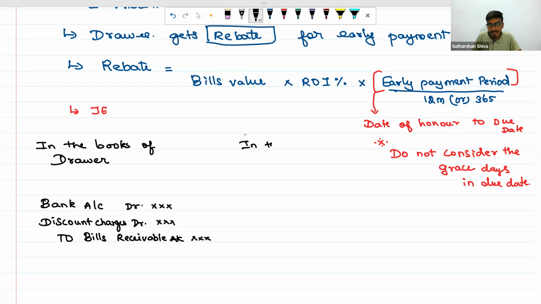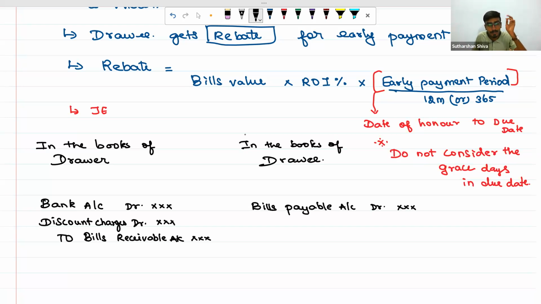Suppose we are asked to prepare in the books of drawee. Then my bills payable will get cancelled. So bills payable account will get debited. Previously it was credited; now we are going to cancel it off. From the point of view of the drawee, he is getting a discount. That discount is an income, a gain for him.